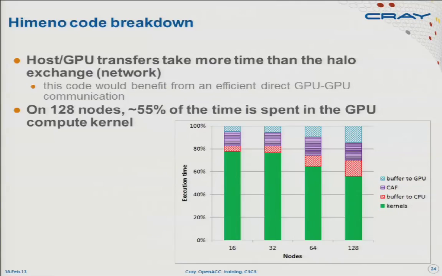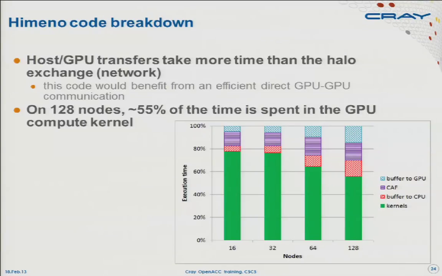But then you profile the code and you look at how, as you go out on the number of nodes, the execution time is obviously reducing as you increase the number of nodes. But if you normalize it and look at what proportion of execution time is spent in different operations, you can see that as you go out to more nodes, less and less time is being spent on the kernels, more and more time is being spent on buffer copies and network.